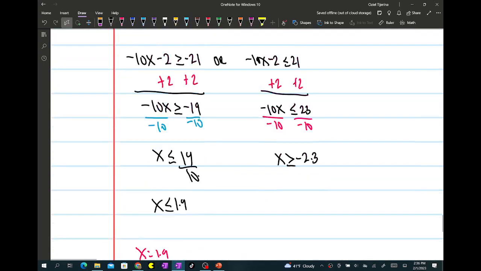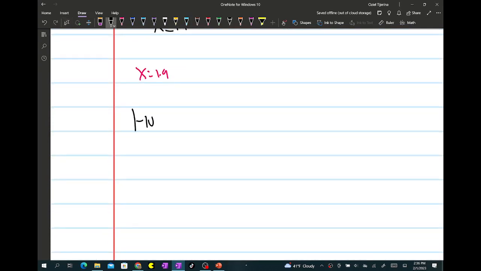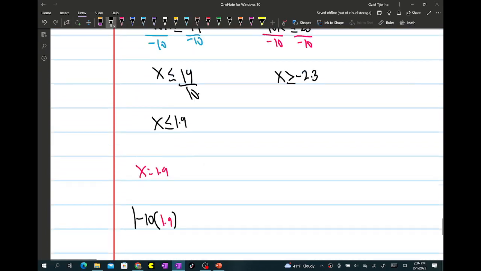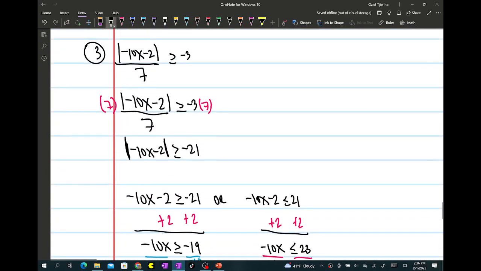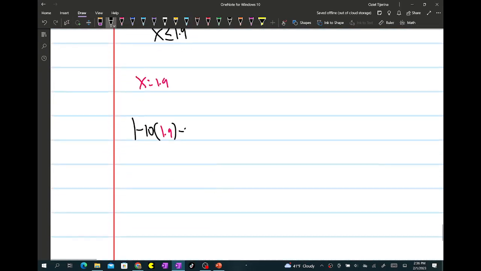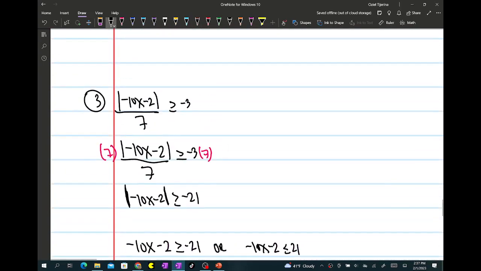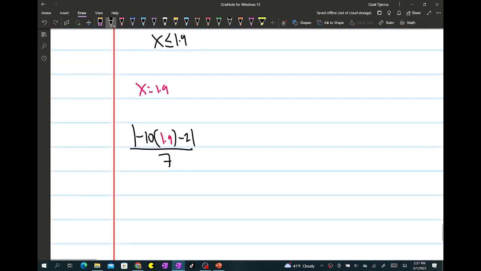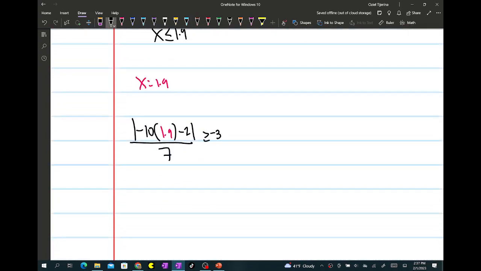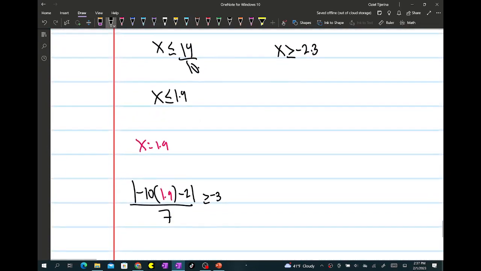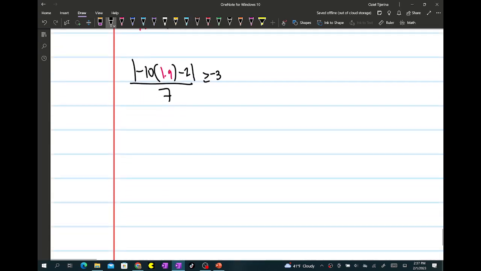So I'm going to do the absolute value of negative 10 times 1.9, and then minus 2 all over 7, and I'm going to do is greater than or equal to negative 3, right? Because it's less than or equal to, we have to make sure that both things are true, right?